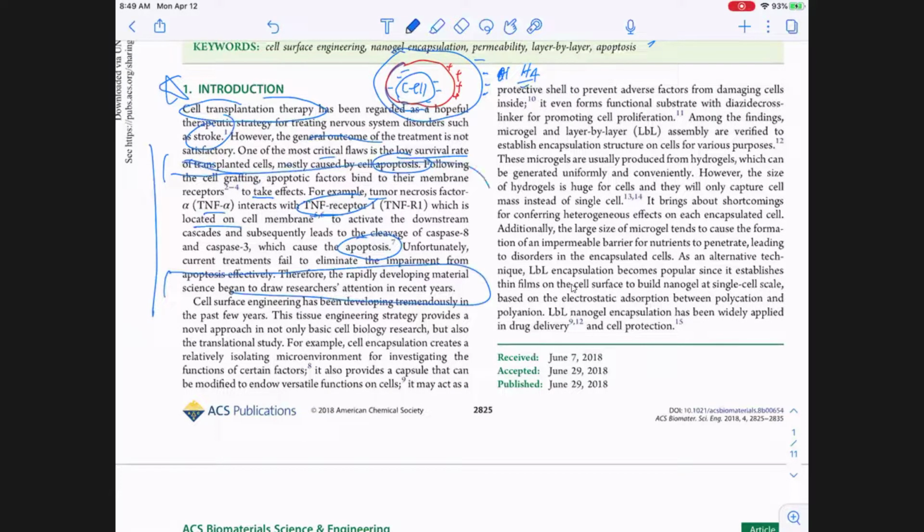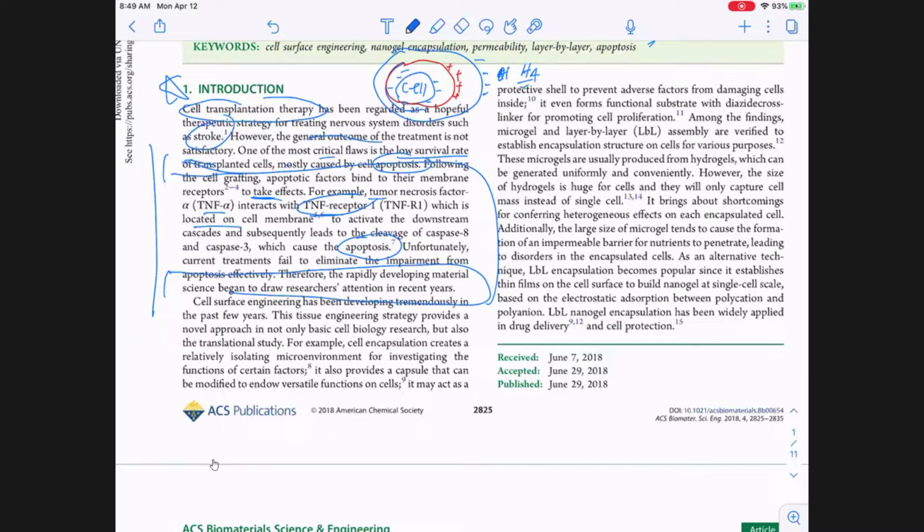We know cell transplantation is very important. However, cells injected into the brain or the body will quickly die. One high-frequency cause is cell apoptosis.